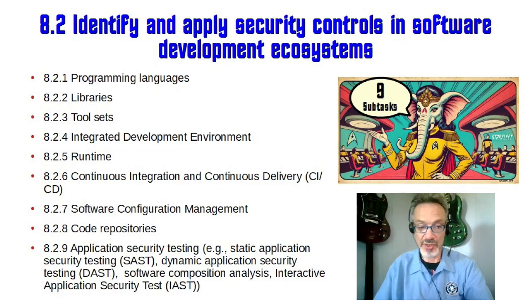Application security testing. We'll cover various security testing methodologies like static application testing, dynamic application security testing, and interactive application security testing. Each of these subtasks plays a significant role in the broader goal of securing software development life cycles. These topics may overlap with other areas, but remember, repetition is by design. It reinforces those very important principles.